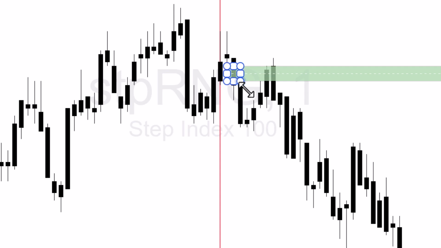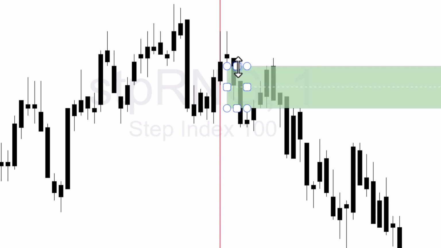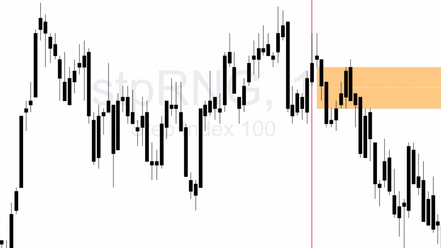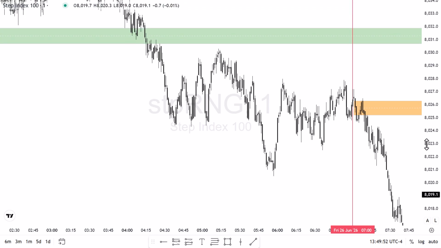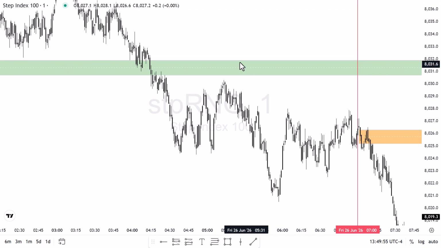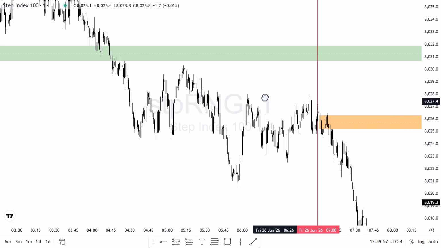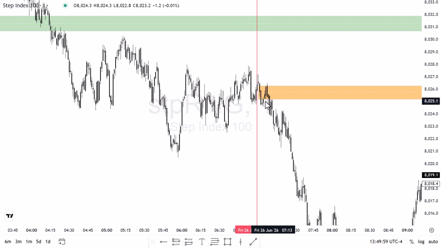So I'm going to take the entirety of these two inefficiencies. Since this is a New York fair value gap, it is going to have an orange color. Green colors, if you're seeing green colors in my chart, that is the London session. And if you're seeing an orange color, that is the New York session.